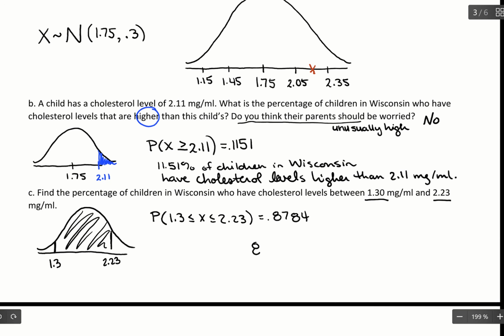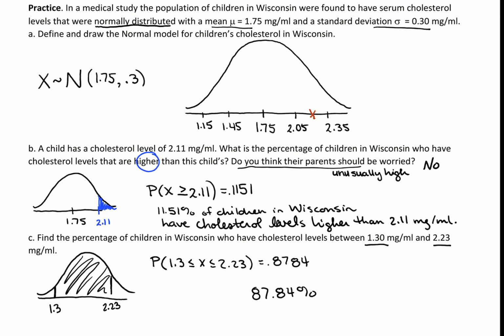So that would mean 87.84% of children in Wisconsin have cholesterol levels between 1.3 and 2.23. So this is how, given a normal distribution, given a mean and standard deviation, we can find all sorts of probabilities given these cutoff values and using GeoGebra to calculate the probabilities for us.